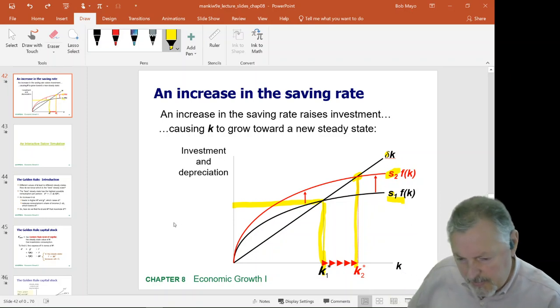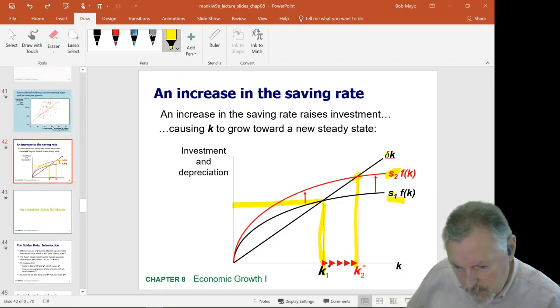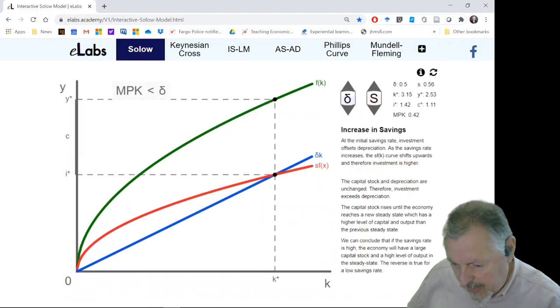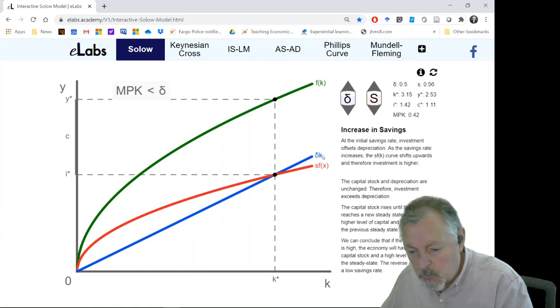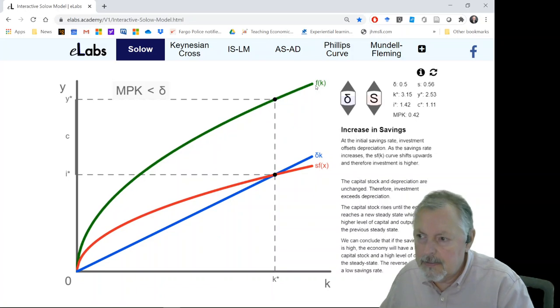So we're going to add a new, if I can find it, well, they show it here, a new curve. What we were looking at was these two, the red and blue. But you have to keep in mind that this is just savings. This is total output.